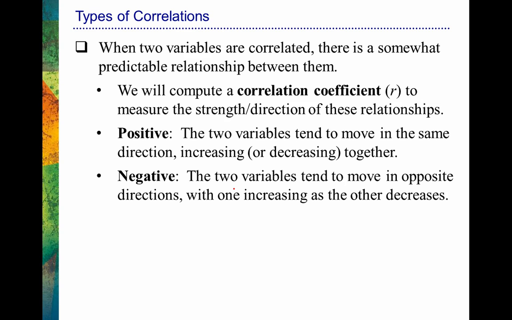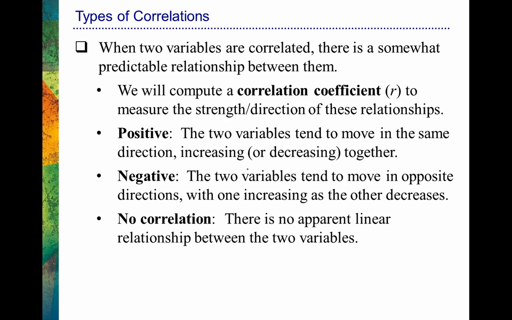Now let's think about the flip side of that. If a person spends very little time partying, then their GPA tends to be higher. So there tends to be an antagonistic relationship there. Now, of course, we could compute a correlation coefficient, this R value, and find a value of 0 or very close to 0. That would imply no correlation or no relationship.